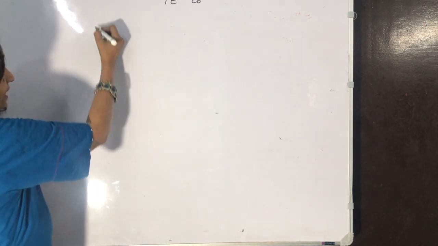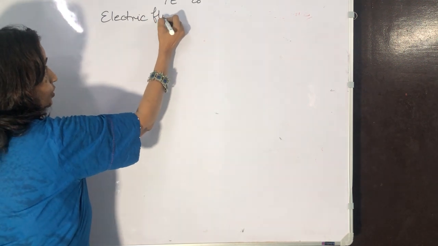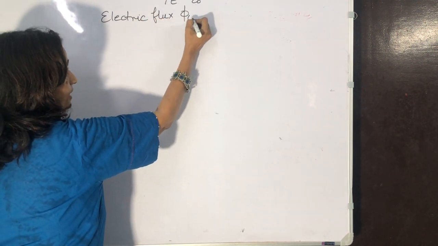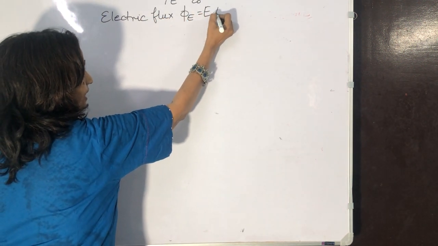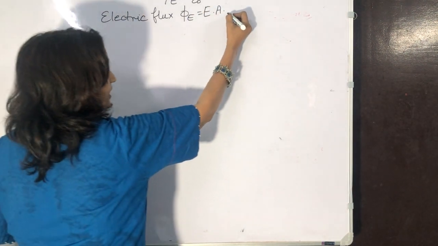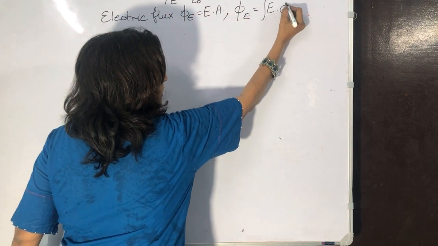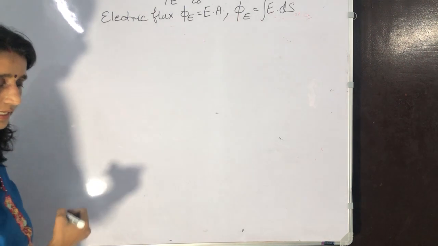Next term is electric flux. I told you before also, again I am repeating, electric flux is E dot A. We will also be writing it in integral form. You can see it here only. It is integral E dot ds.